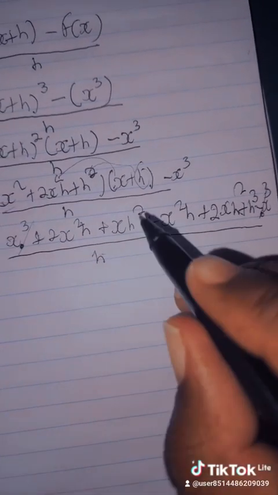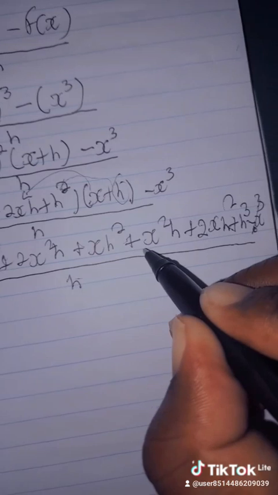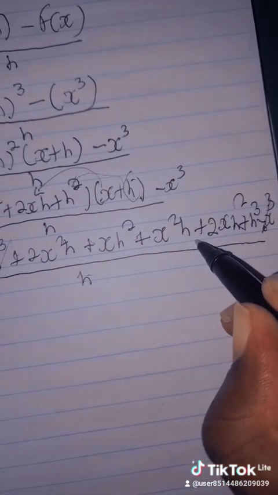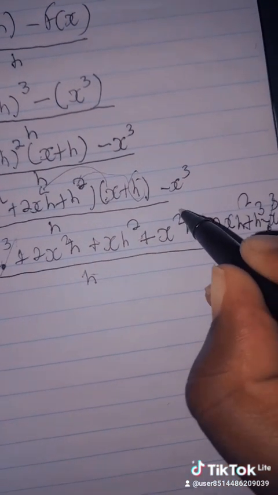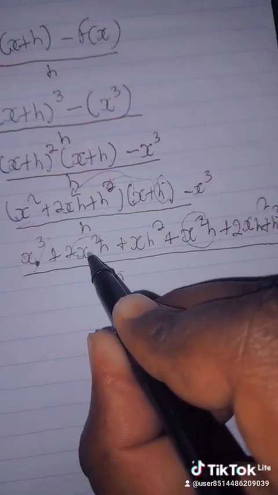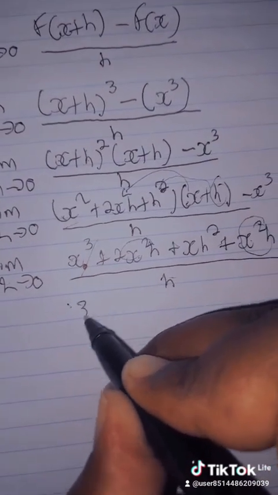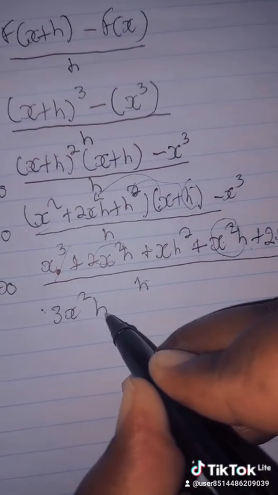Then we have 2x squared h. Do we have anything that is x squared h here? Yes, we do. So 2x squared h plus x squared h gives us 3x squared h.